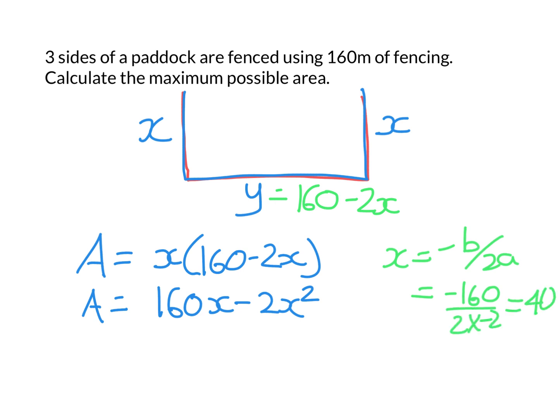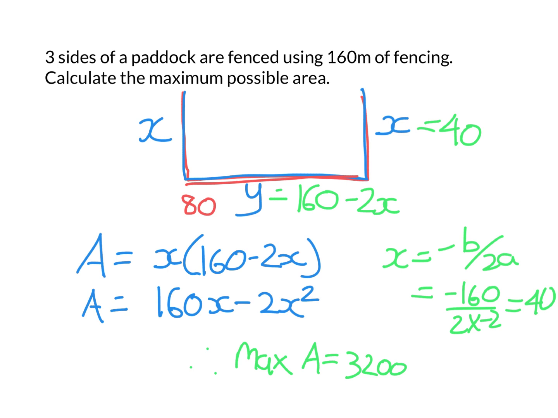The maximum area occurs when x equals 40, so that means that this side here will be 160 minus 80, which is 80. The maximum possible area, max A, is 40 times 80, which is 3,200 meters squared. We know it's going to be a maximum because this function would be a parabola that's a frowny face, so it would have a maximum rather than minimum turning point.